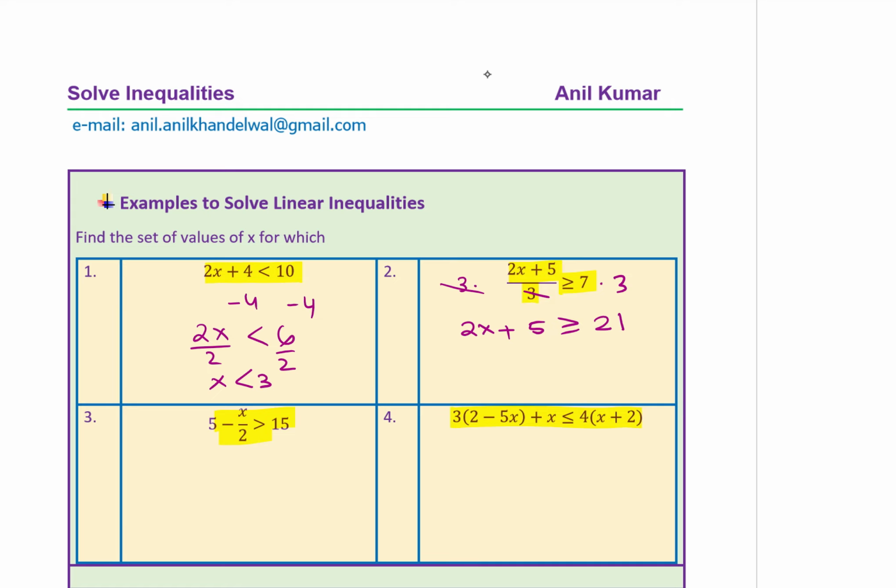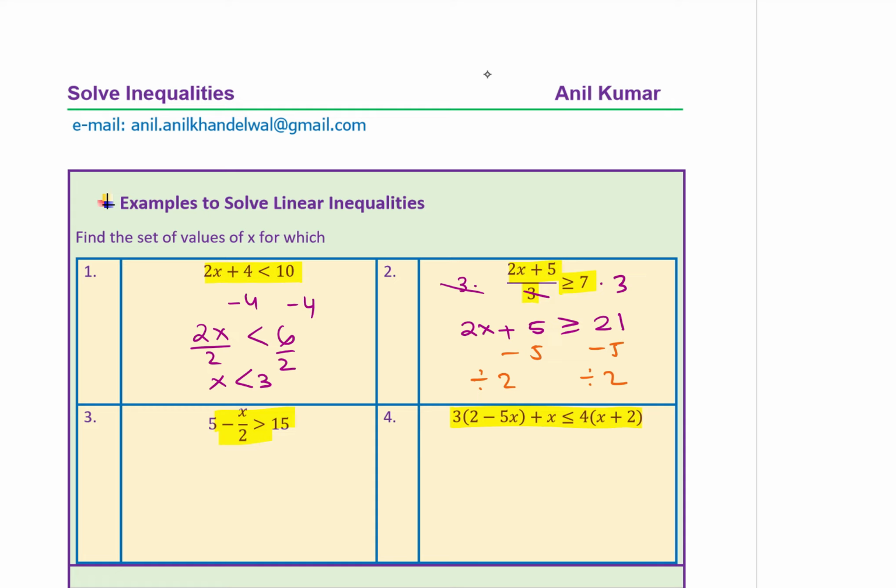Keep saying it in your mind so that you understand these symbols. So we got 2x plus 5 greater than or equal to 21. So of course now the next step will be, as you have seen, we'll do minus 5 on both sides, and then we'll divide by 2 on both sides to get the answer. You got it. So I'd like you to actually solve these questions in this fashion.